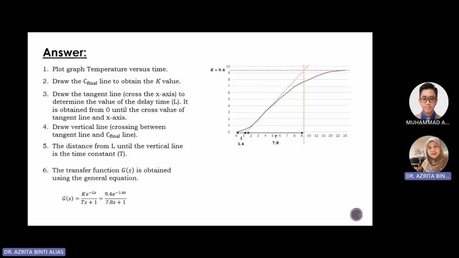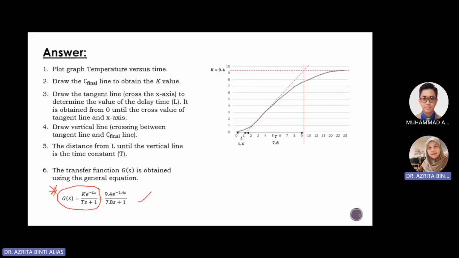I think this formula is not given in your final exam, so you need to memorize this general formula, please take note: K exponential minus LS over TS. We just substitute all the values of K, T, and L that we obtain from the graph, so we can determine the transfer function of the system.